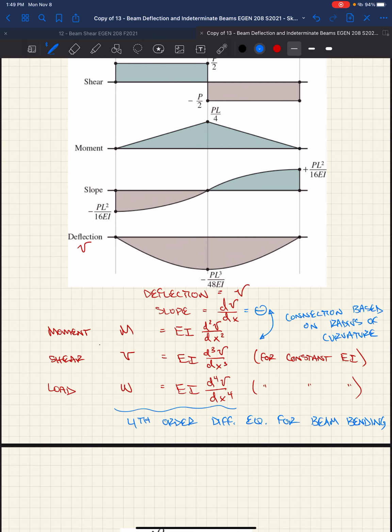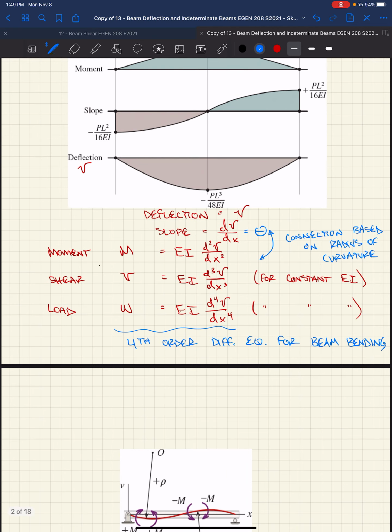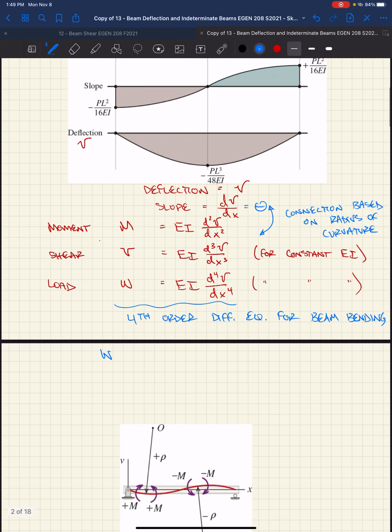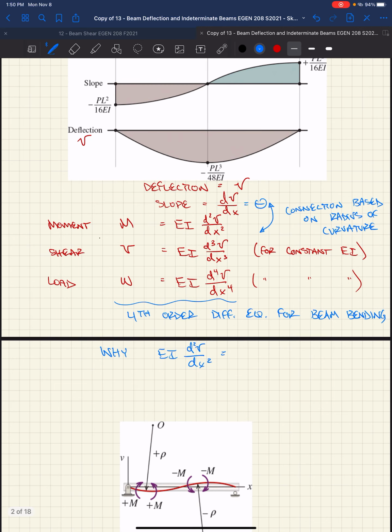You go from slope to moment though, right? How do we make that connection between y, EI, second derivative of deflection with respect to x, why does that equal the moment?